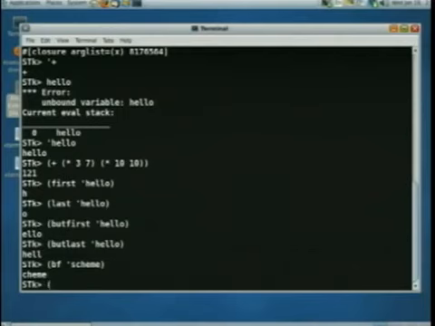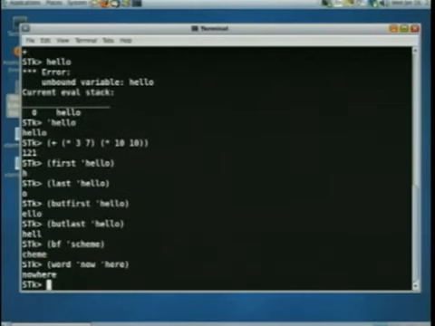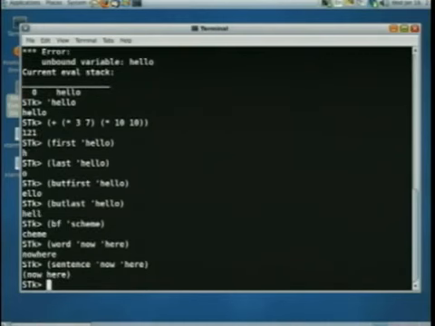There's a constructor function called word. Here's my favorite example. Now and here, combine them, and it just sort of butts them up together, makes a new word. That's the two concatenated. There's also sentence, which you can abbreviate SE. And it makes something we haven't seen before, which is a sentence, which is a bunch of words in parentheses.